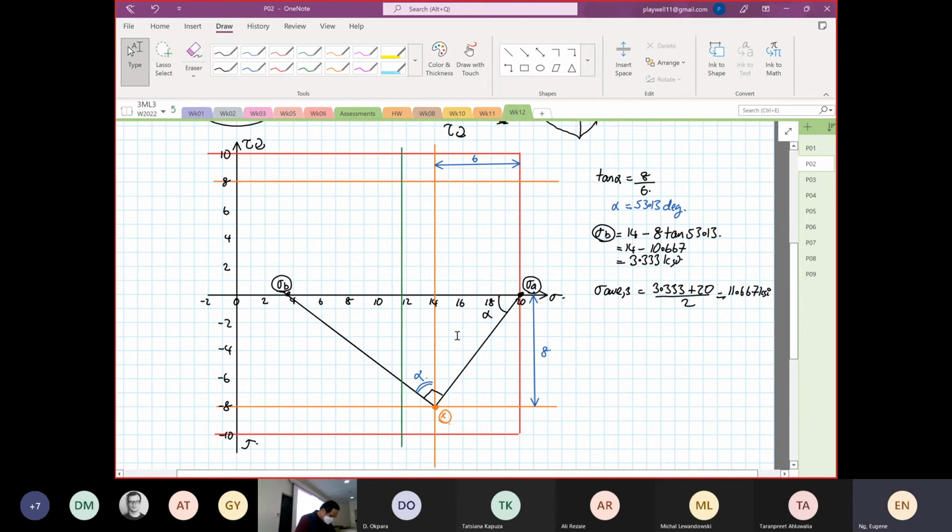Then this is our stress average. That's our stress average point, okay? So the stress average we calculated is from here to here.